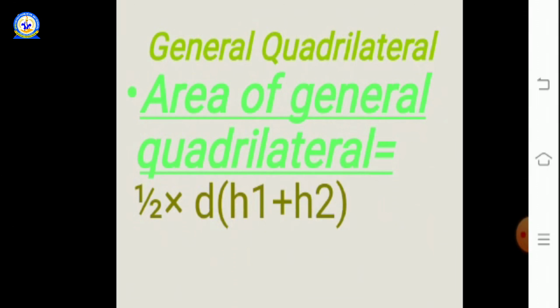We divide the quadrilateral into two triangles and then we will find the area of two triangles and then we will add it. That's why the formula will come half into diagonal into H1 plus H2. H1 is height and H2 is the height of another triangle.